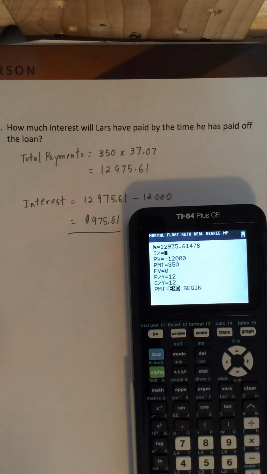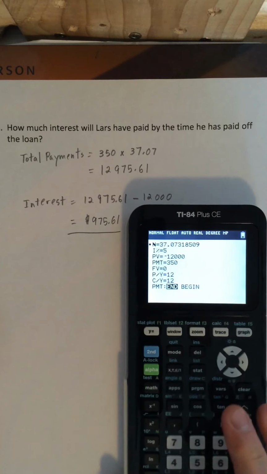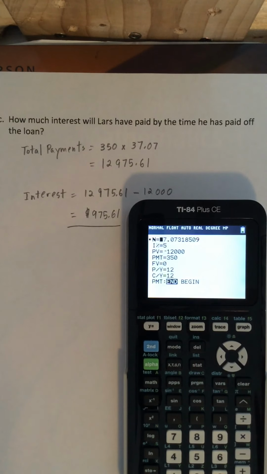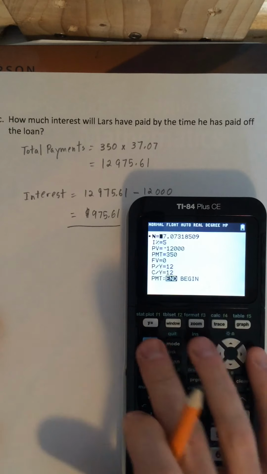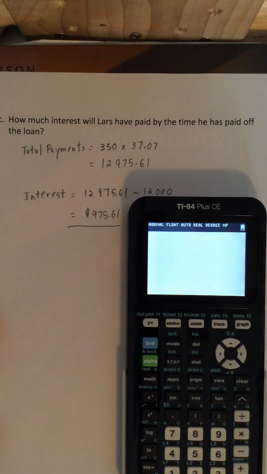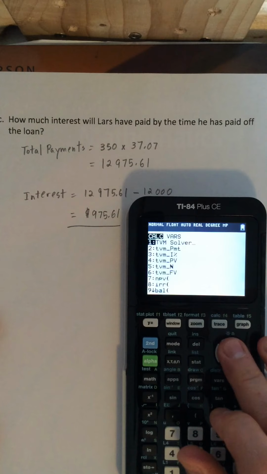Another option that you have, as long as you have this information in the calculator, is to use the TVM solver to figure out the interest that's earned. This is an alternative method. You would have to exit this section. So press the second function and the mode button so that we quit, and press the apps button and hit enter at finance.